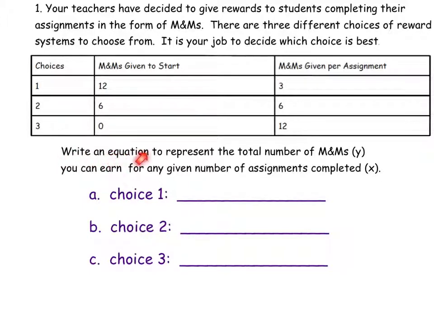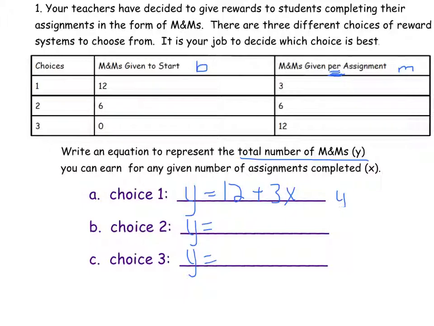So our first task is to write an equation, and we know this. We know that how much we get up front, that is our b, and y equals mx plus b. And the per assignment, that's our rate or our slope, so that's the m. So here I have y, which is the total number of M&Ms, equals how much I start with, plus how much I get per assignment. So choice 1, I start with 12, and I add to that 3 for every assignment that I complete.